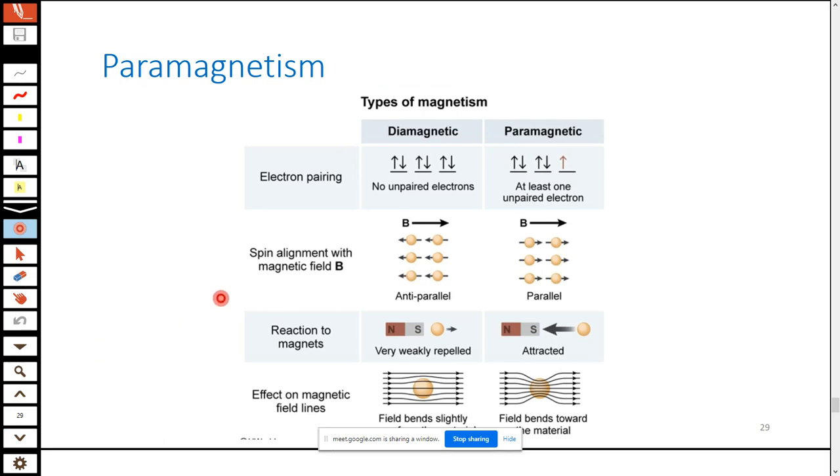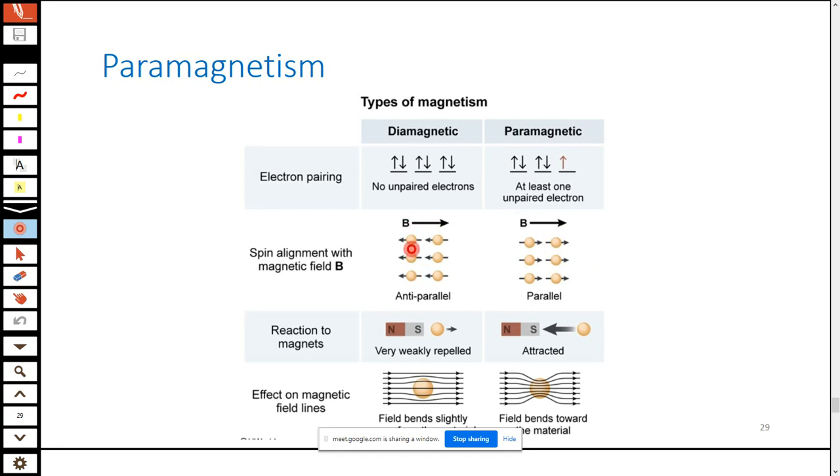Okay, so this is the picture from the diamagnet. If you compare the same thing in a paramagnet, you have electron pairing which is partially filled. So one of the cells is not completely full, and then of course when you apply a field, the magnetic moments are aligned along the field, so they have a positive susceptibility.